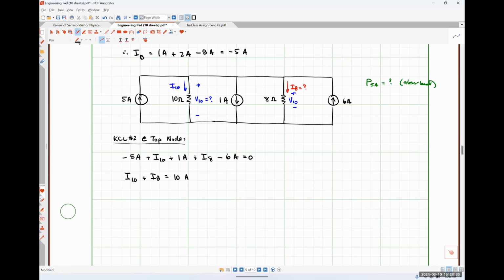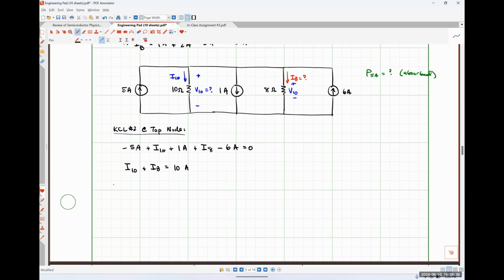So we can use this to write our Ohm's law relationships. So use Ohm's law and tell me what I10 is in terms of V10.